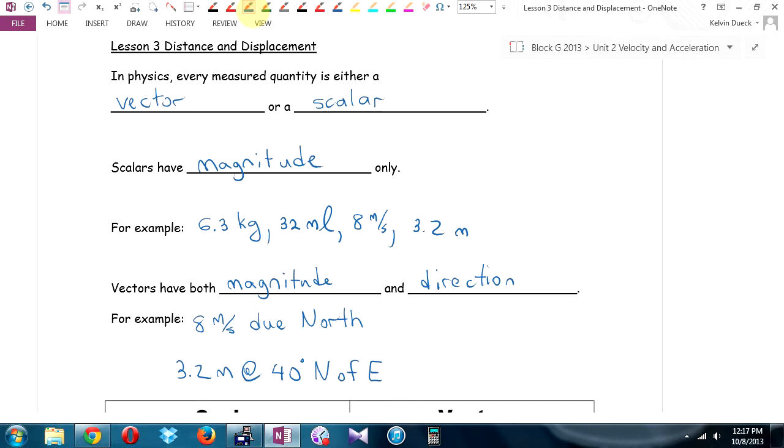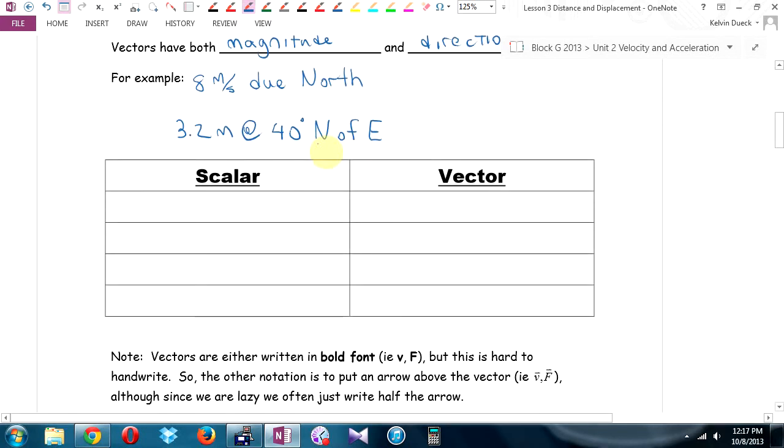So we have scalars and vectors. Oh, here's some examples. So, scalar, 30 kilometers per hour. That's a speed. Vector, 30 kilometers per hour at 29 degrees west of south.